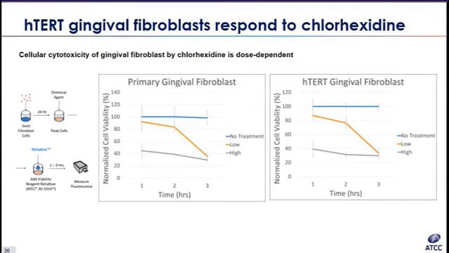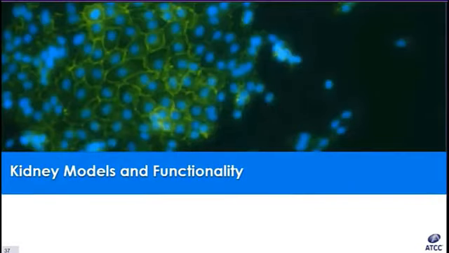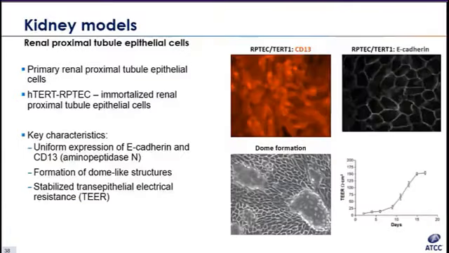Now we will discuss our products for nephrotoxicology. ATCC supplies primary and hTERT immortalized RPTEC cells, which are renal proximal tubule epithelial cells. Both cell types exhibit functional characteristics such as positive expression for E-cadherin, an epithelial cell marker, and CD13, an RPTEC marker.